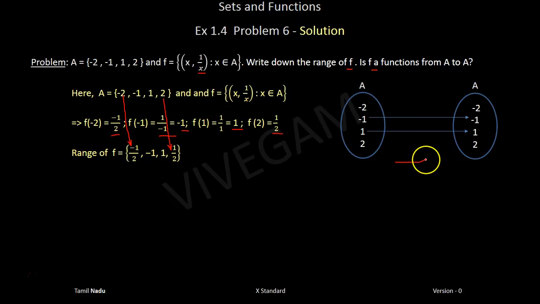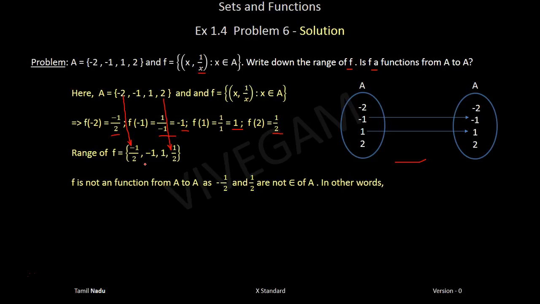So be it by the arrow diagram or by simply checking whether these two sets are the same, we are able to come to the conclusion that it is not a function from A to A for one simple reason: -half and half, which are part of the range, are not elements of A. In other words, -2 and 2 do not have images in A itself.